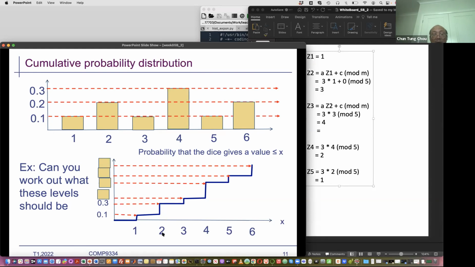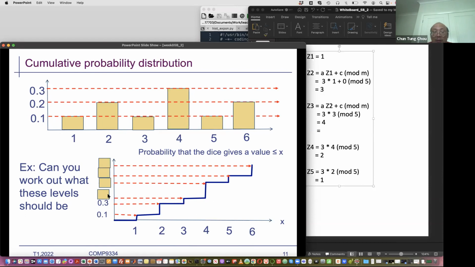Now, if you look at 2, what is the probability that the die will give a number which is 2 or less? 2 or less means you can either get 1 or 2. So the probability of getting 1 or 2 will be 0.1 plus 0.2, which is 0.3. So I have 0.3 here. Now, I work out these two intervals. Are you able to tell me what this interval should be? That's the probability that you will get a number which is 3 or less.